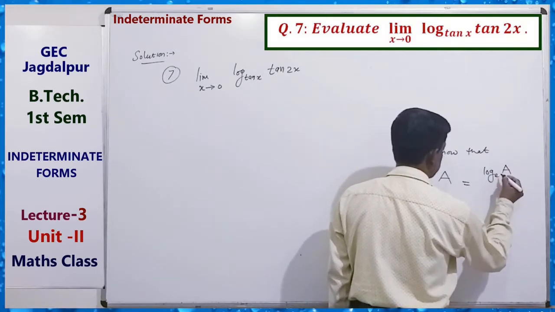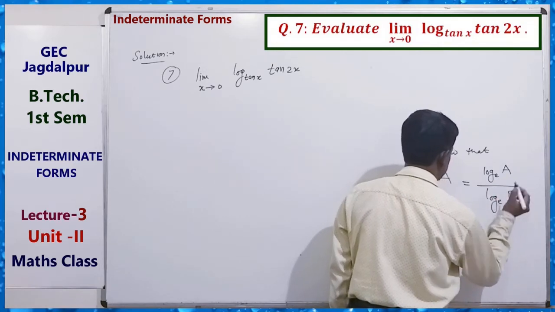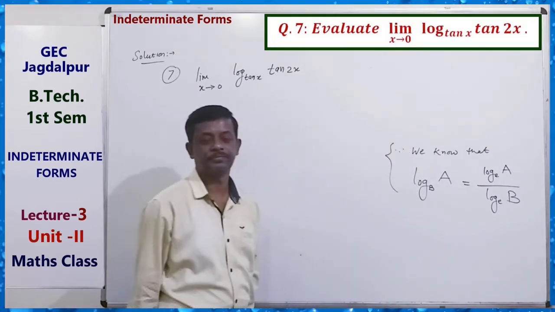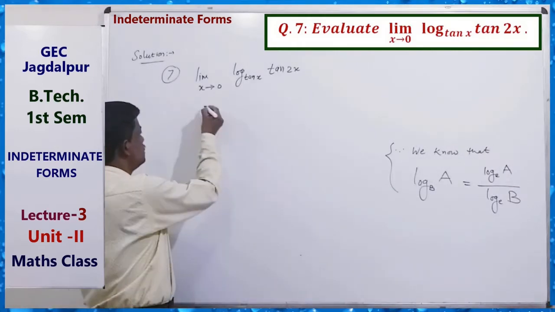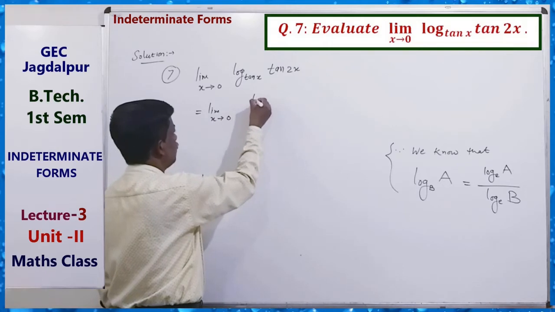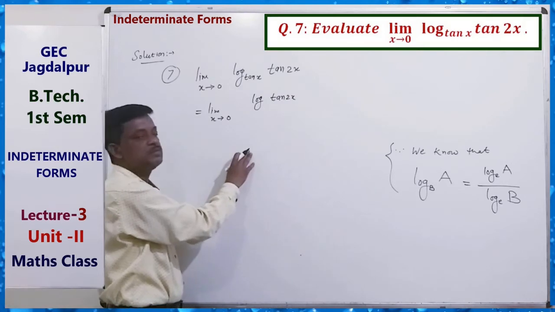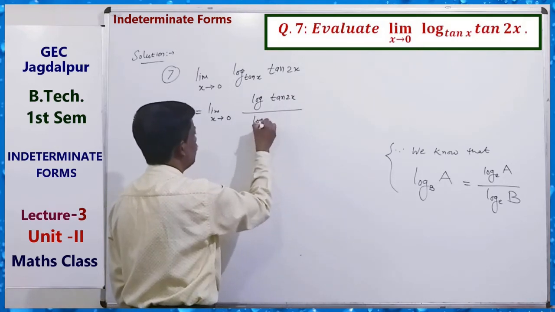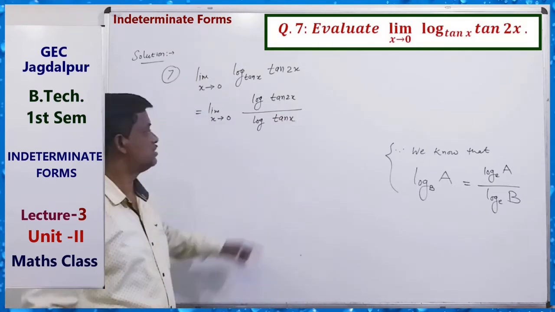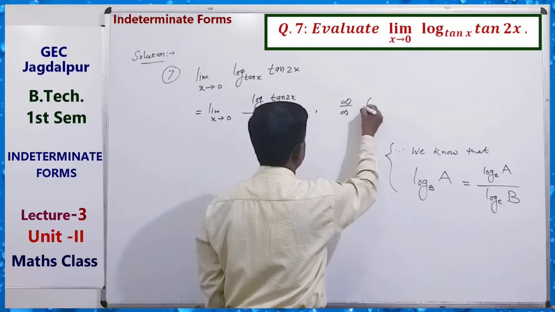So write limit x tending to 0 of log of 10 to x upon log of 10x. Here x tending to 0, this is 0, this is 0, log 0 by log 0. This is infinity by infinity form.